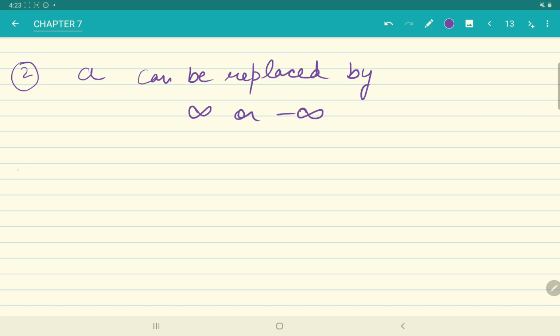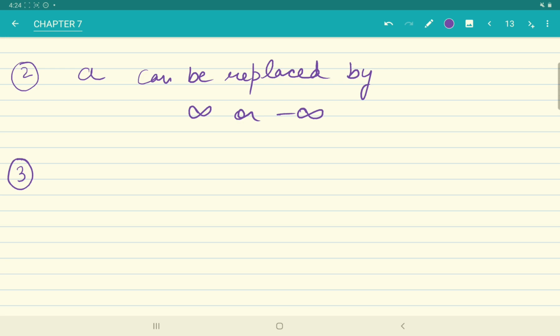That's the second extension. The third extension is that our L'Hopital's rule also applies to other indeterminate forms. Till now, we have considered the indeterminate form of type 0 by 0.